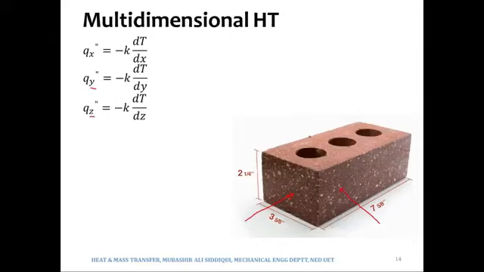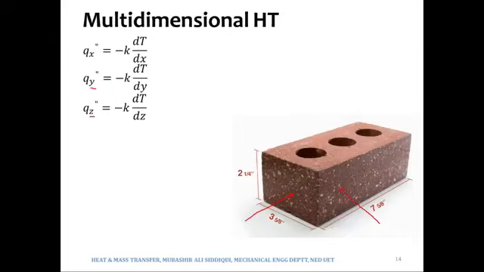Again, the heat is not being transferred from one edge to the other edge, it is being transferred from one face to the other face, from one surface to the other. There would be infinite planes in between, and the heat will then reach the back face. So this is what we call Q in the y direction.